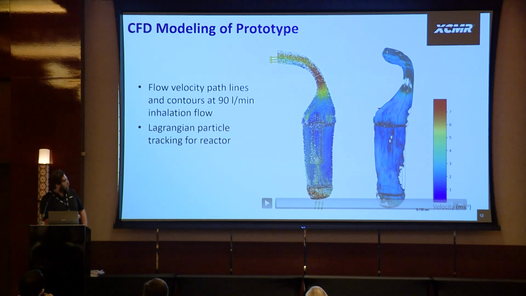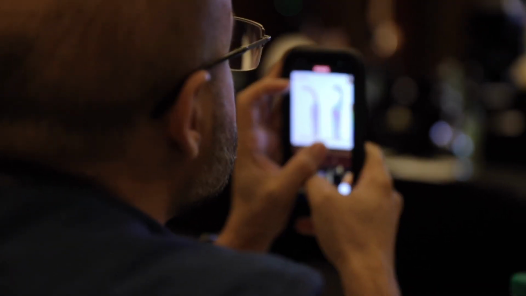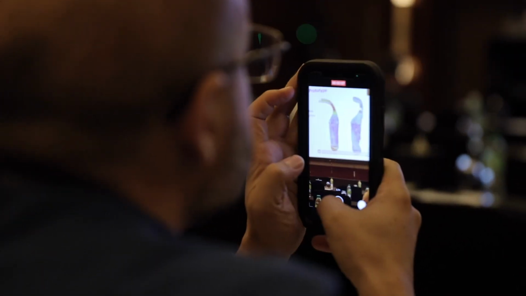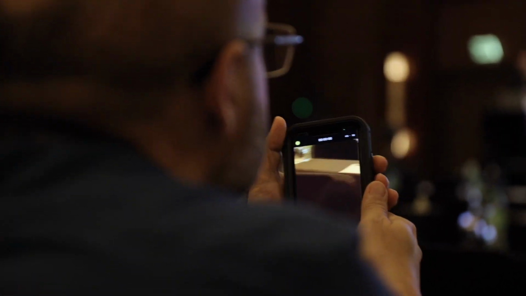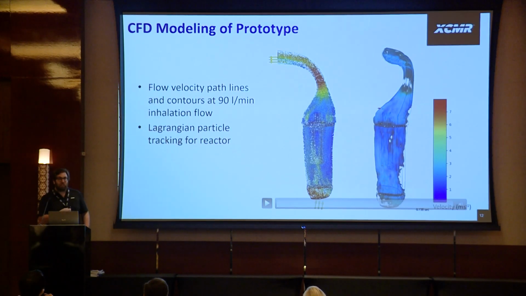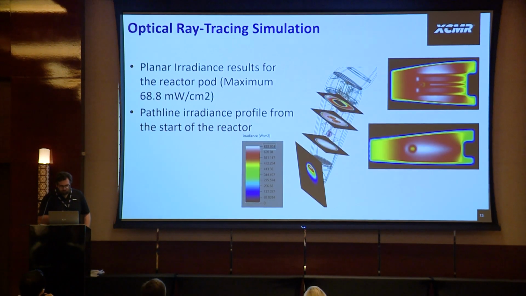Essentially, we randomly introduced particles at the inlet and followed those particles throughout the system and tracked how much dose, how much fluence was being delivered to those particles. And here's a figure that shows you the different irradiances throughout, and you can see that there's a very even distribution throughout the system, similar to the PVC reactor.